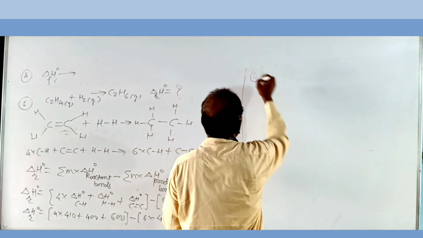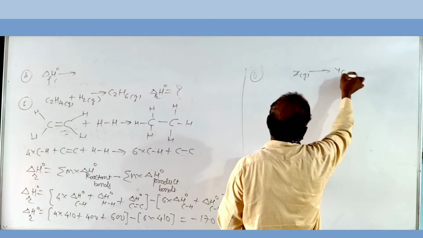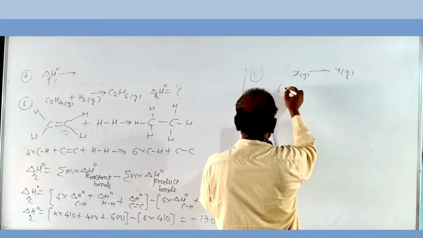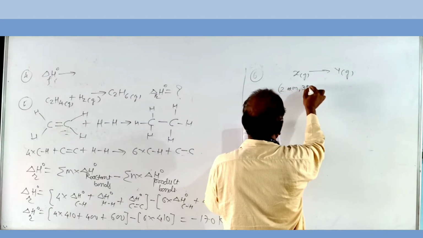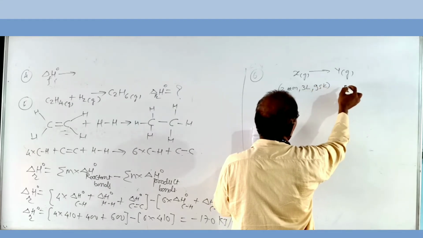Here, suppose we consider X, a non-ideal gas, converted into Y gas. Initial state: 2 atm pressure, 3 liter volume and 95 K temperature.